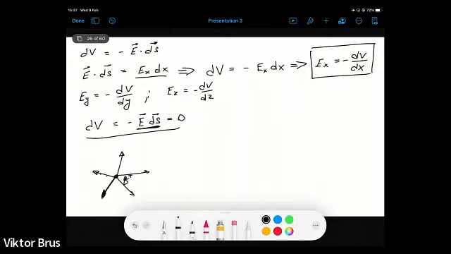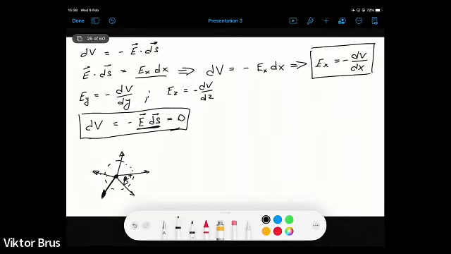So from this statement, we know that the equipotential surface should be always perpendicular to the electric field vector. And there is no other option than to have these spherical equipotential surfaces with a point electric charge in the center, which we showed previously by deriving the expression for electrostatic potential distribution.